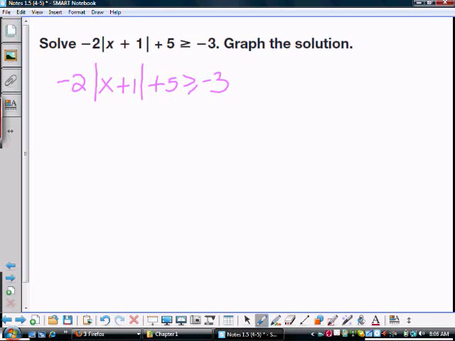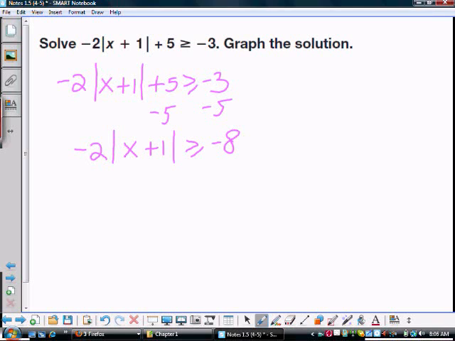Okay, first step. Subtract the 5. So subtract the 5 and we get negative 2 times the absolute value of x plus 1 is greater than or equal to negative 8. How do I get rid of that negative 2?